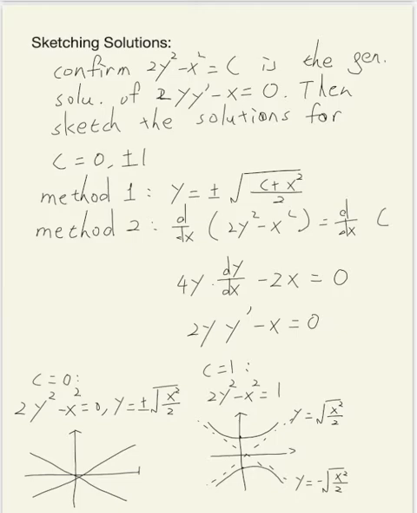Okay, and at last, let me add a page here. Let's look at c equals minus 1. Then what do we have? We have 2y squared minus x squared equals minus 1.